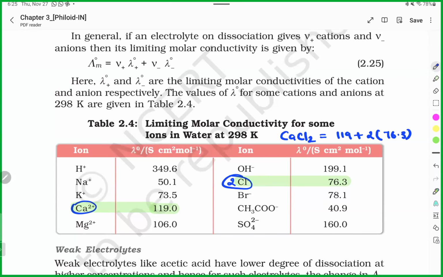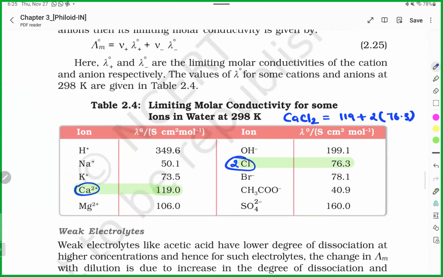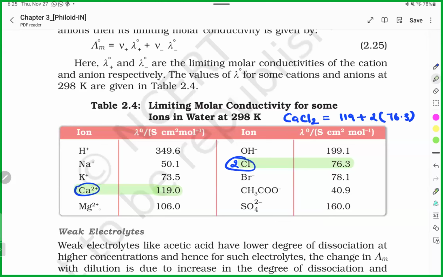Understood? Next, it is asking magnesium sulfate. Chinmay, what will be the value of magnesium sulfate? The magnesium value is 106. The sulfate value is 160. What will be the answer? 266, the addition, one magnesium and one sulfate.